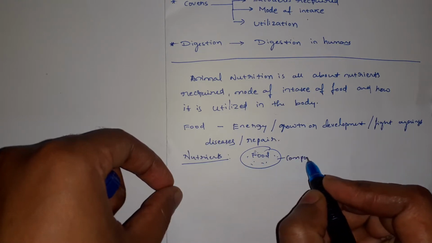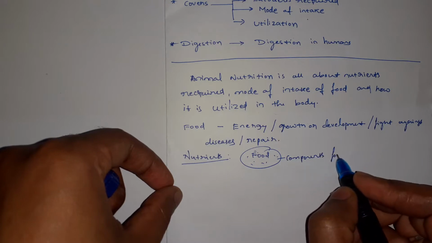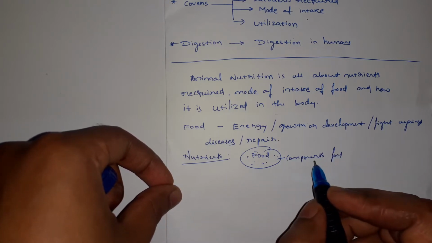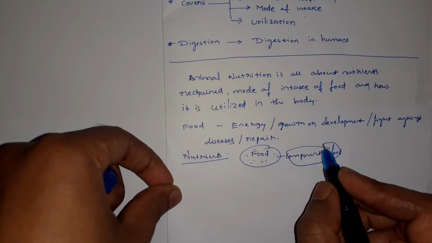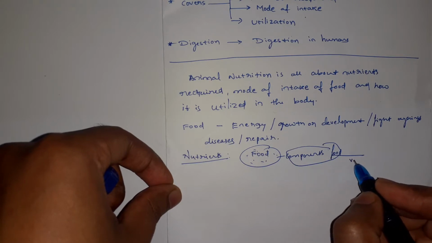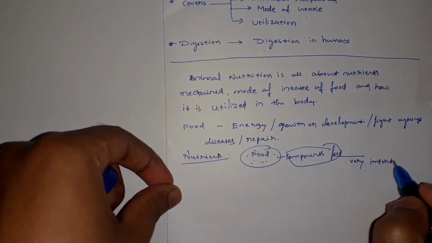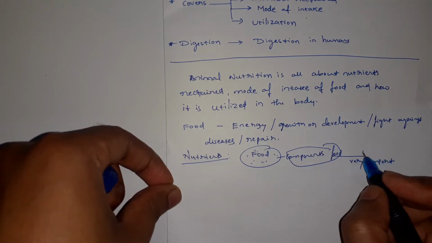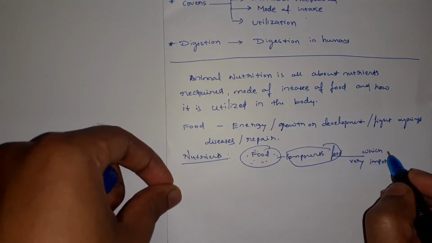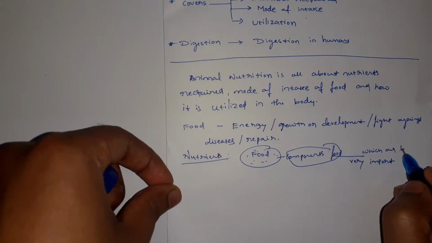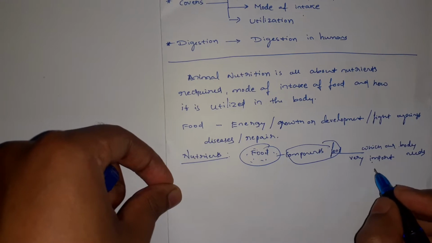Among these components of food, those which are very important for us, which our body needs, are known as nutrients.